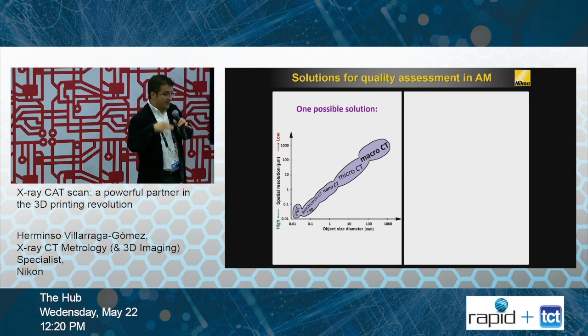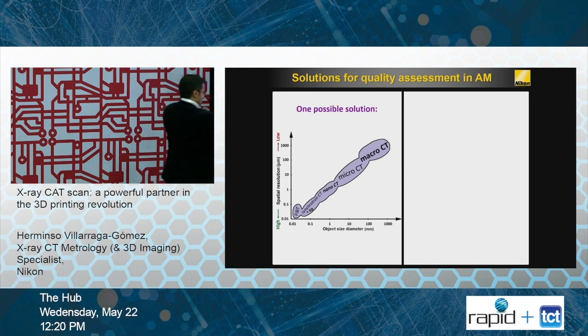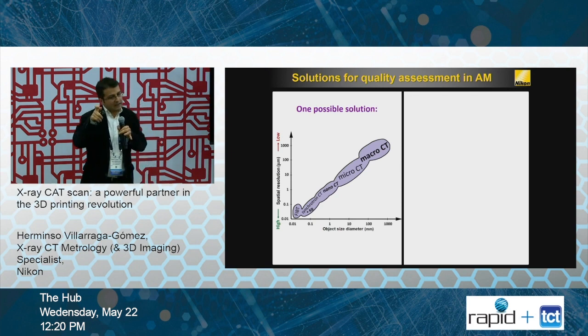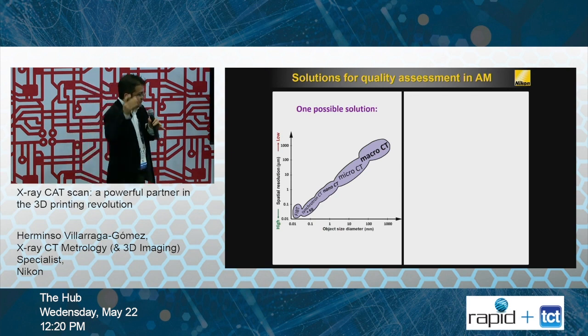The thing is that depending on the size of the part, the resolution is also limited. So you can scan big parts with CT, macro or micro CT, but when you have to scan in the nano resolutions, the limitation of the size is small. You cannot expect such high resolutions in a part like an engine block.